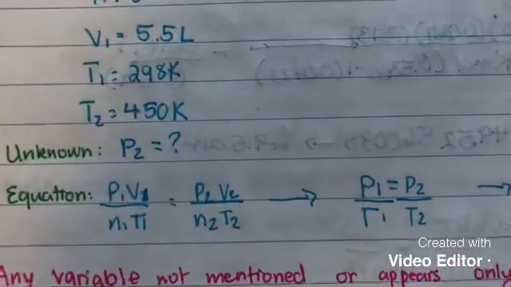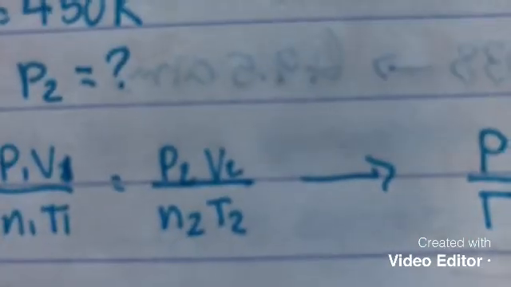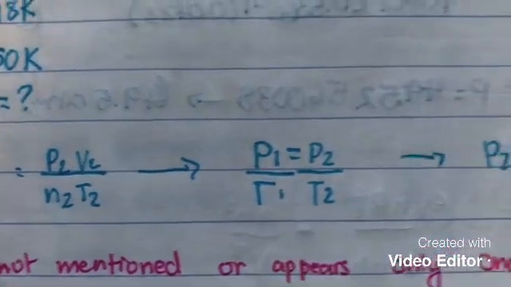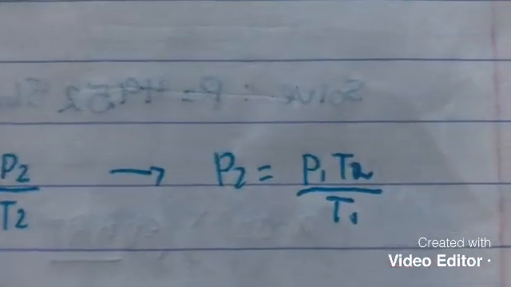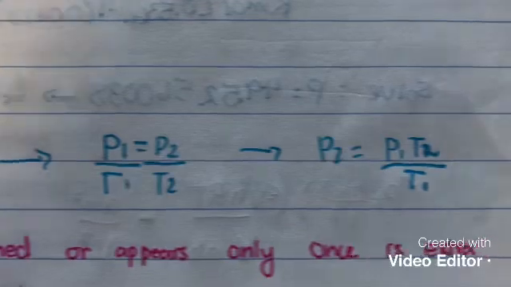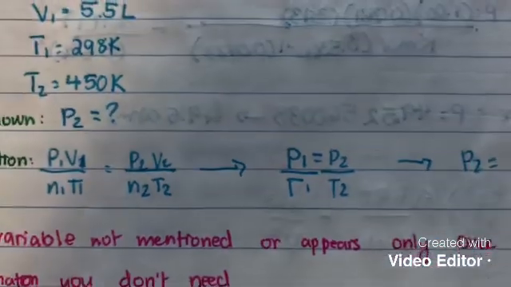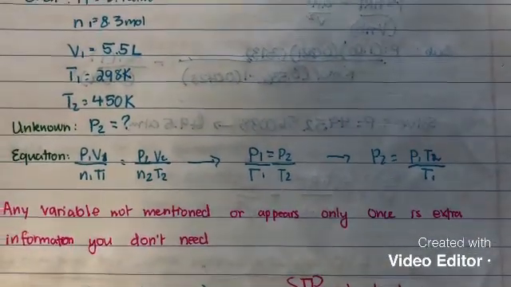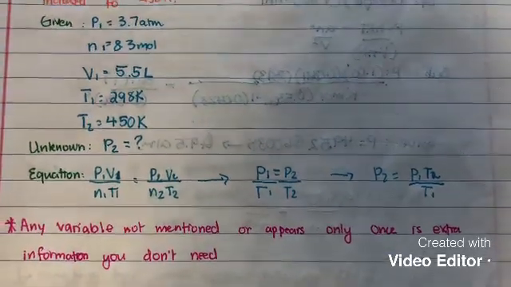And since we have to solve for P2, we have to isolate it. So in order to isolate it, we just move it around, and then we should get this equation because P1 and T2 are divided, so we have to multiply it. You get the deal.